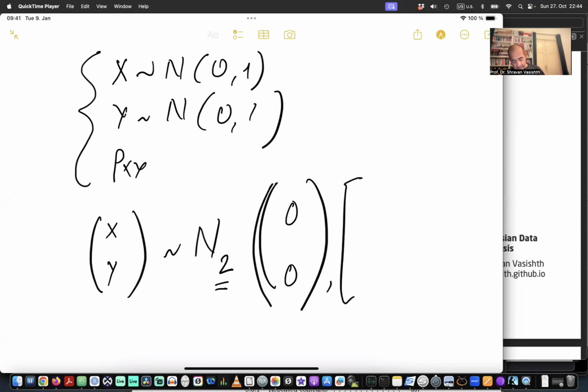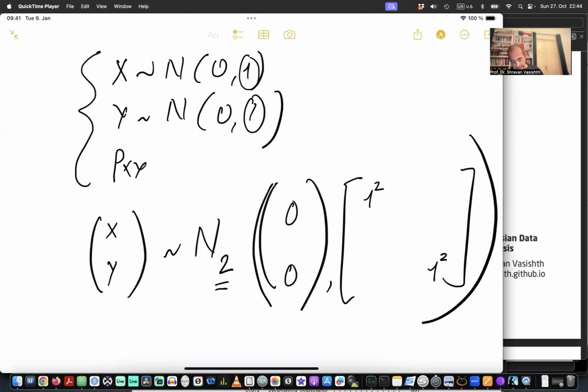And the variance of the first random variable is whatever this variance is. So I'll call this 1 squared, right? And the variance of the random variable Y is given in the lower diagonal here, also 1 squared, right? Because they're both 1 here. And in the off diagonals, that's this thing here.